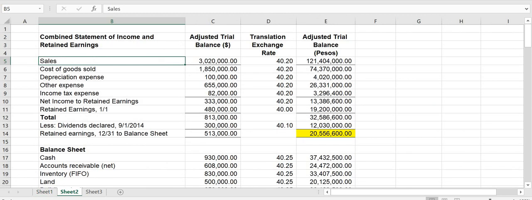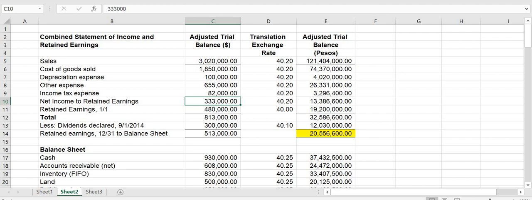So the sales, cost of goods sold, depreciation expense, other expenses, and income tax expense. And of course, the bottom figure, the net income, could be translated directly, since all income statement accounts are translated at the same exchange rate. So the net income can also be translated using the average rate for the year.